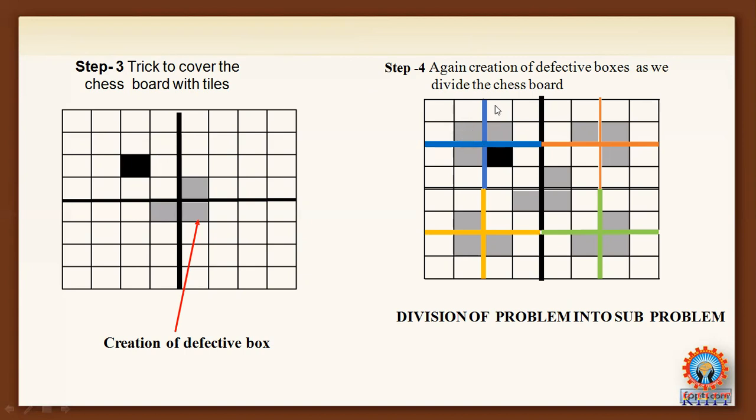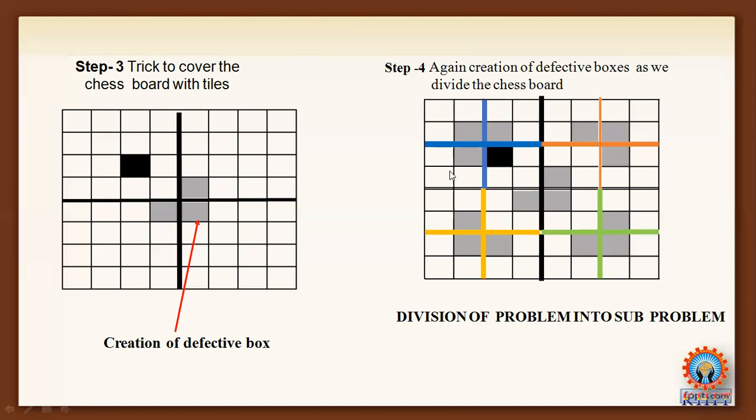And if you consider this another 2 by 2 chessboard, 2 rows, 2 columns, in this part there is no artificial defective, hence we need to create one artificial here. And in this board also we need to create one more artificial. If you combine these three artificial squares, it should form an L-shaped tromino. So we can create a tromino for these four boards.